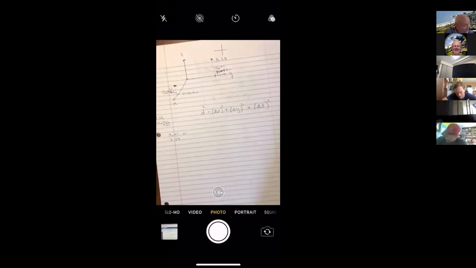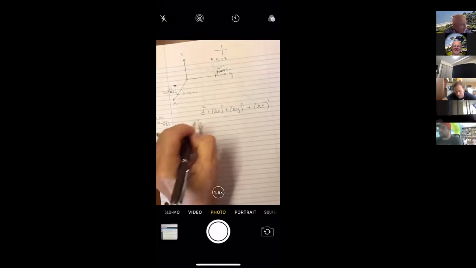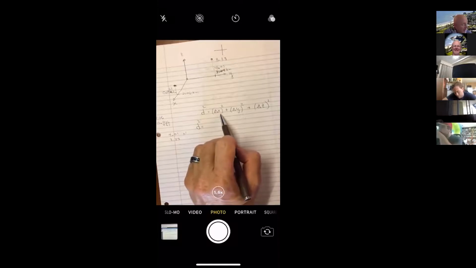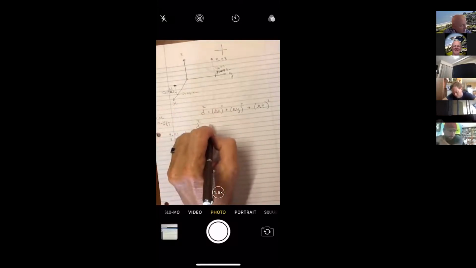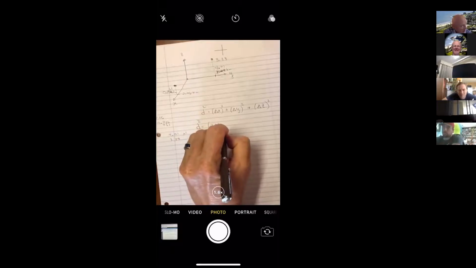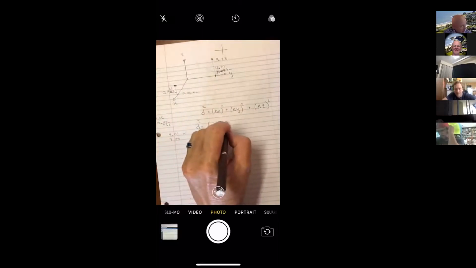Okay. All right, so putting in my numbers. Let's do the x's first. So the first plane, as you said, was 2.06 on the x-axis. And the other plane on the x-axis was 0.